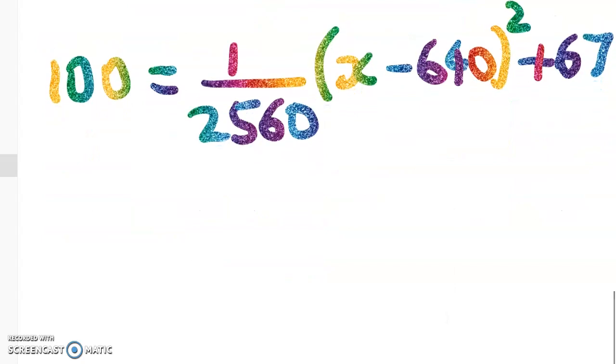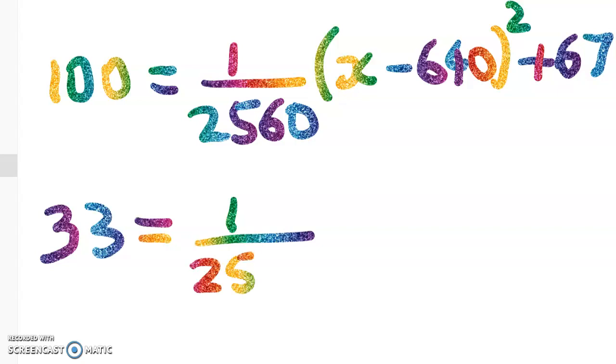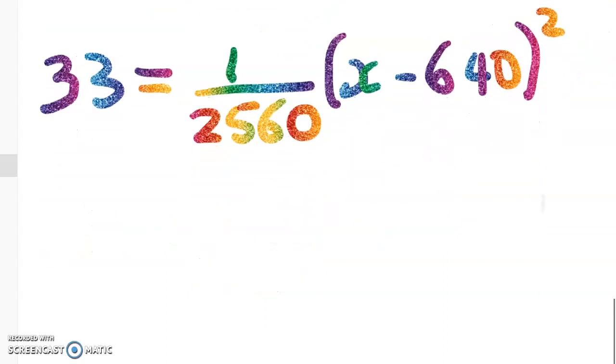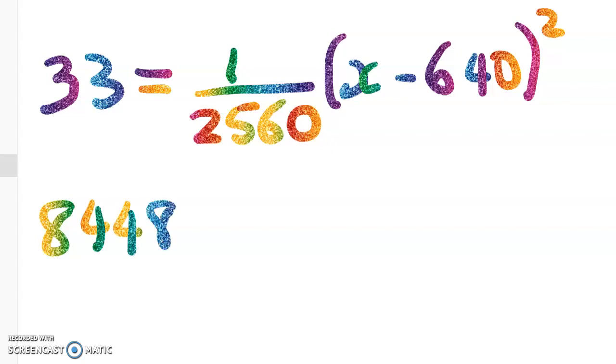Let's work this through. I know most of you probably will have stopped watching by now, but maybe not all of you. So 33 is equal to that. Multiplying that through gives me 84,480.